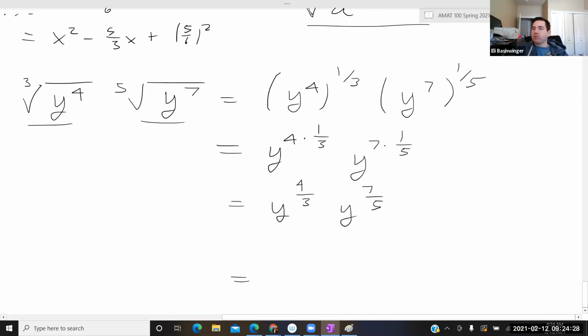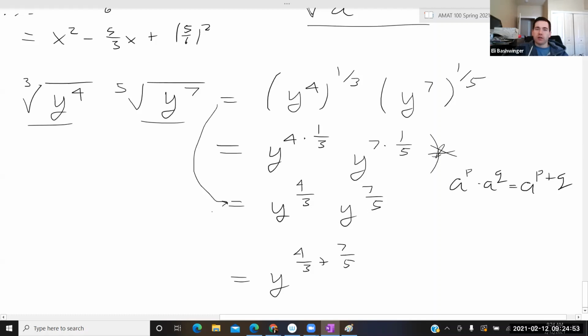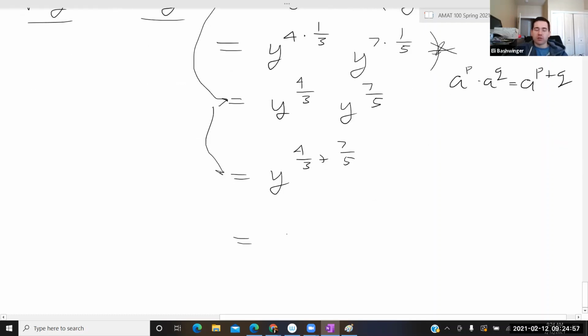Now we use the fact that if you multiply a to some power p by a to some power q, you just add the powers. So we add 4/3 plus 7/5. I'm including probably more steps than you need; you can go straight from here to here if you want, but I want to illustrate exactly what's going on.